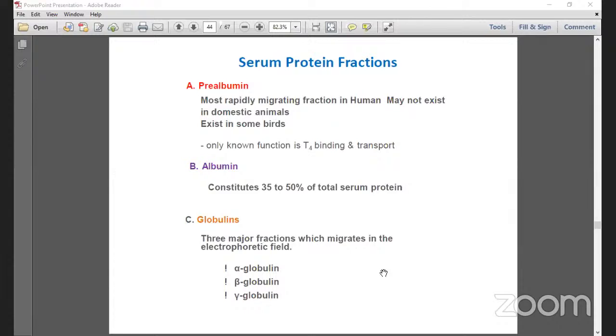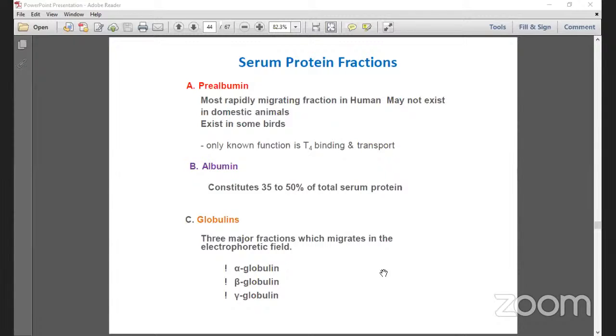The serum protein fraction can actually be divided into albumin and globulin. Based on the literature, free albumin may not exist in domestic animals, but it exists in some birds. The major type of protein is albumin, which is up to 35 to 50% of the total serum protein.